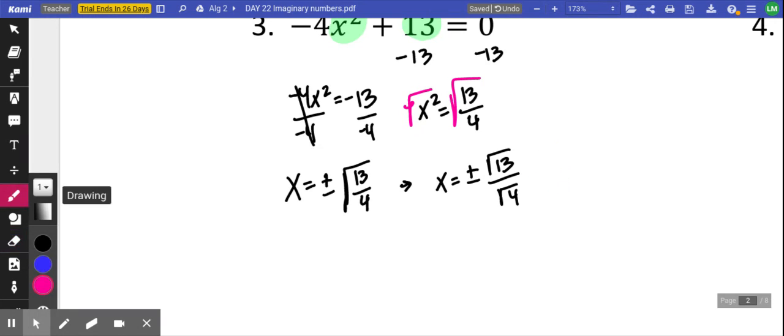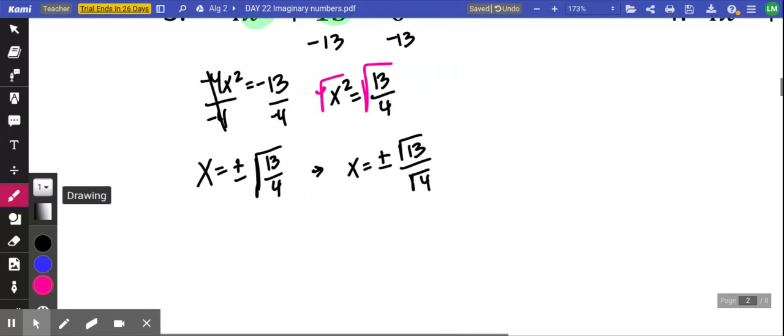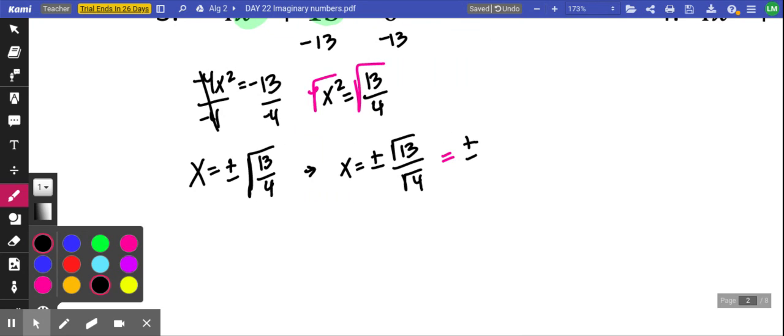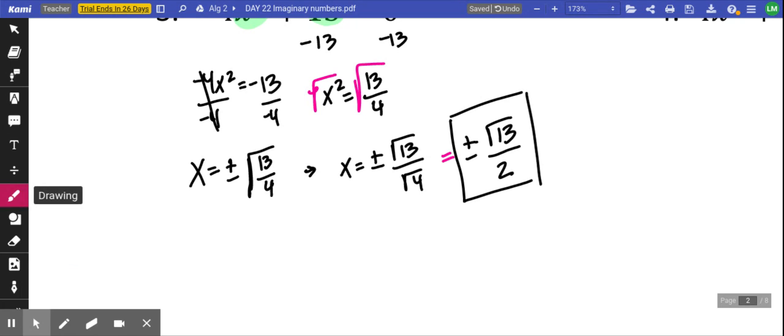And you might notice that the square root of 4 is a perfect square, right? So we get plus or minus the square root of 13, but hey, the square root of 4 is just 2. Don't make life harder than it needs to be. Just take that square root. Now we have no radicals in the denominator. So this is a rational number. And we are happy. We made the math gods happy. All right.